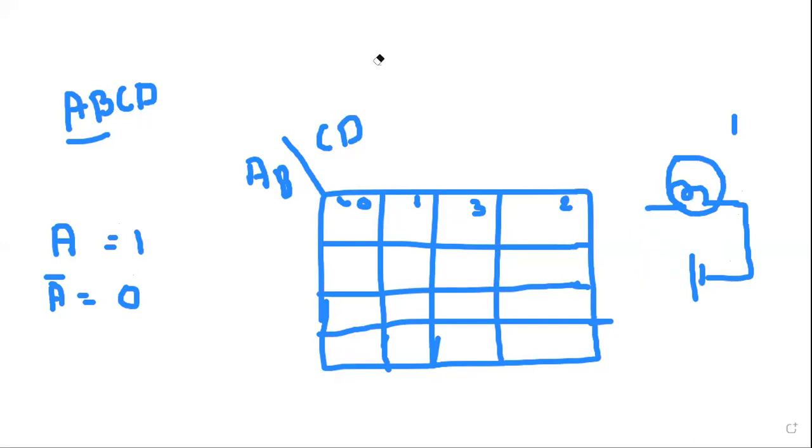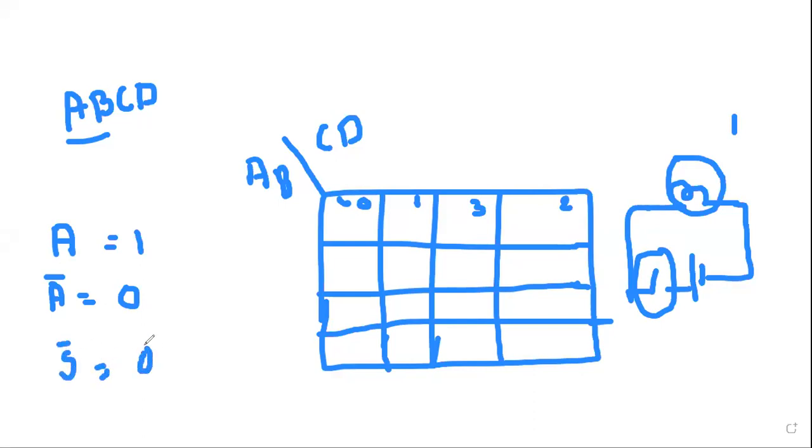So basically, suppose I'm taking one circuit with a switch, and I'm connecting it with a battery. Now, if someone asks you what the condition of this switch is, you can say that A bar is equal to 0, or you can say S bar is equal to 0.